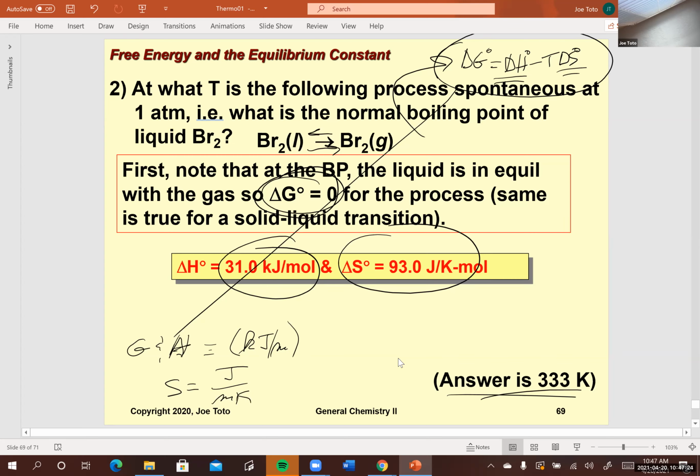So when you combine them in this type of equation, you're going to have to convert either delta S from joules to kilojoules, or delta H from kilojoules to joules. But keep your units straight. And also don't forget, if you're going to put in a temperature, then it's got to be in Kelvin. If you're going to calculate a temperature, then it's going to come out in Kelvin. Okay.